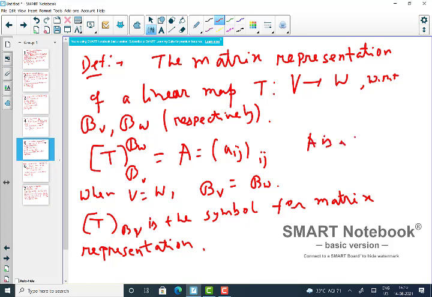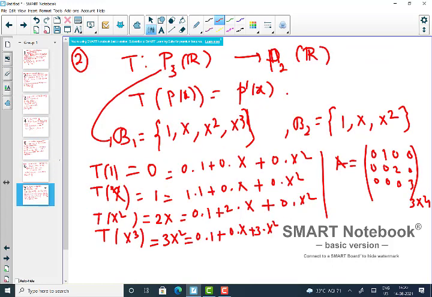That depends on the dimension. If both have the same dimension, then it will be an n cross n square matrix. In general, the dimensions may not be the same, so it may not always be a square matrix. For example, here the dimension is 3 and there the dimension is 4, so this will be a 3 cross 4 matrix.